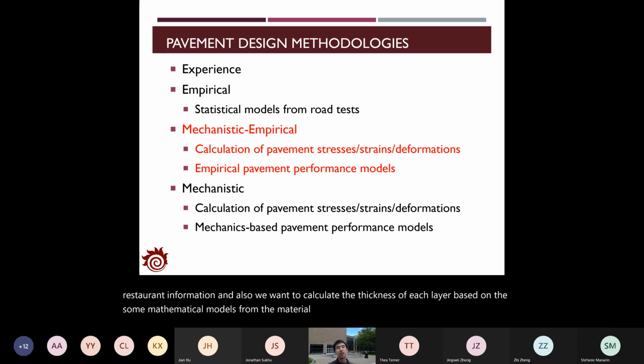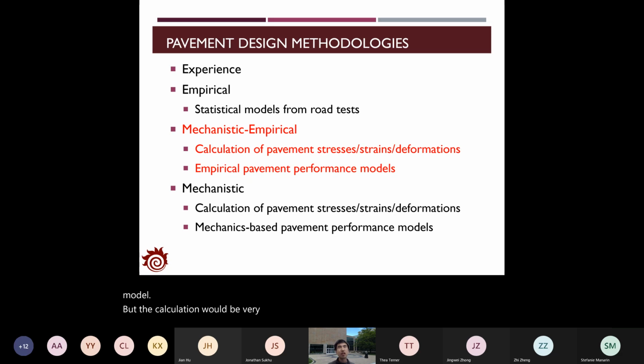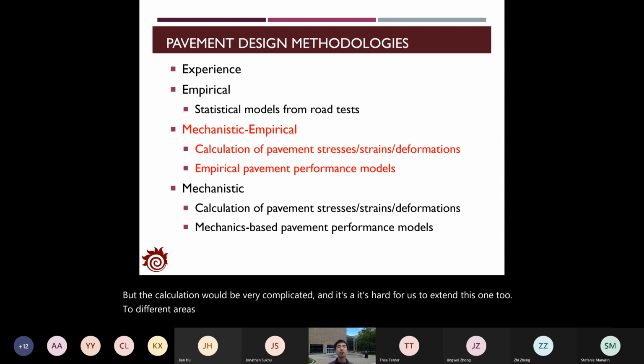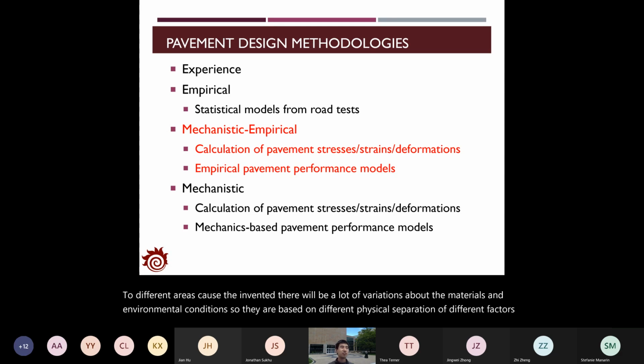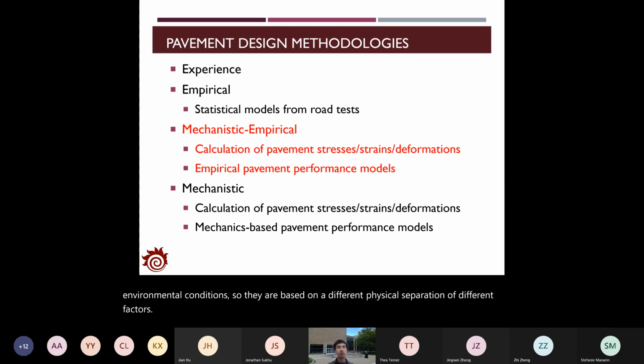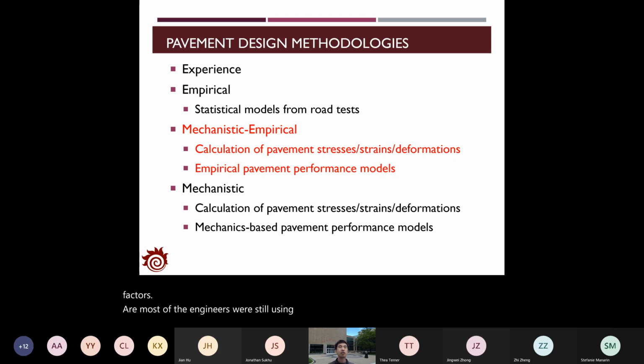This should be the most reliable model, but the calculation is very complicated, and it's hard for us to extend it to different areas, because in reality there are a lot of variations in the materials and the environmental conditions. So based on different physical considerations or factors, most engineers are still using the ME method nowadays.